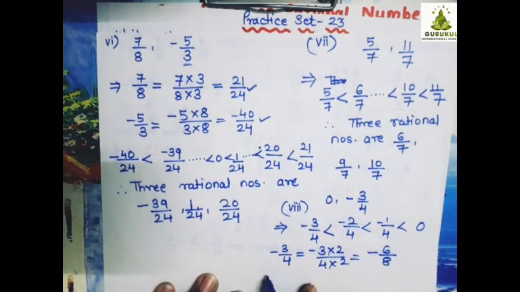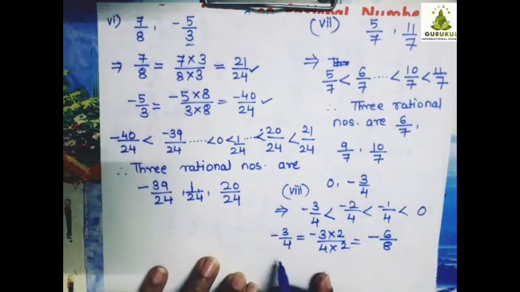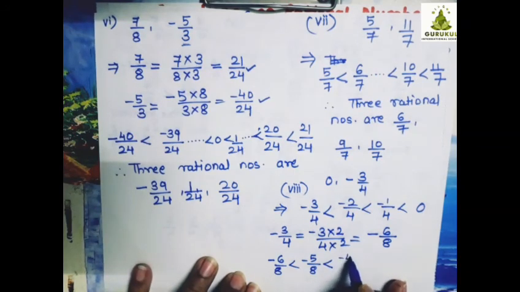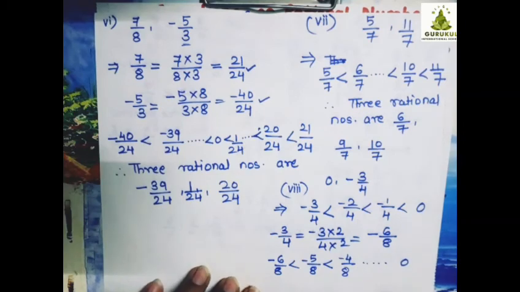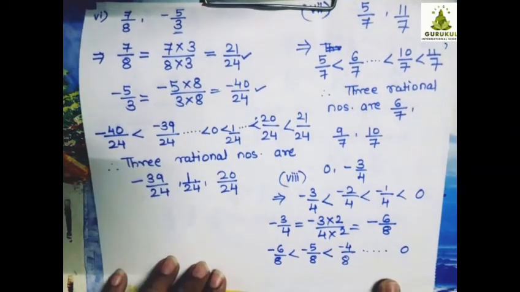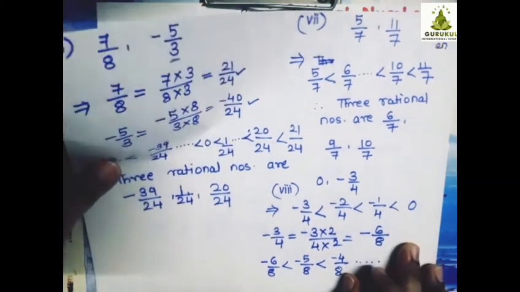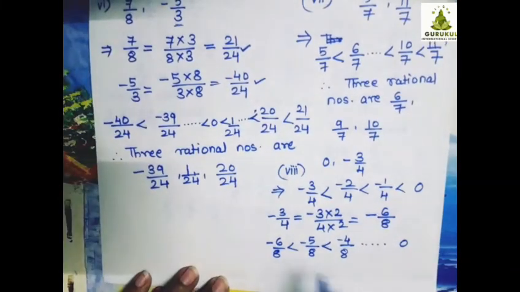So, this way we can write minus 6 upon 8 less than minus 5 upon 8 less than minus 4 upon 8 and so on up to 0. So, out of these any 3 numbers we can select and write.